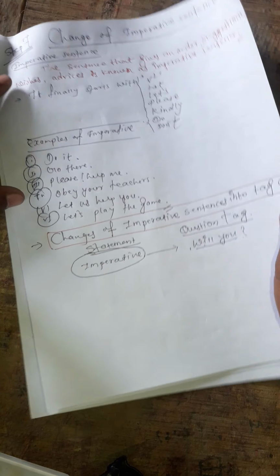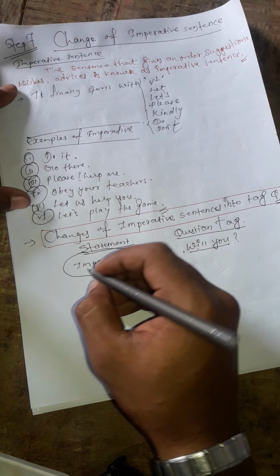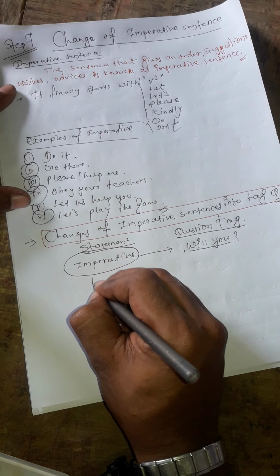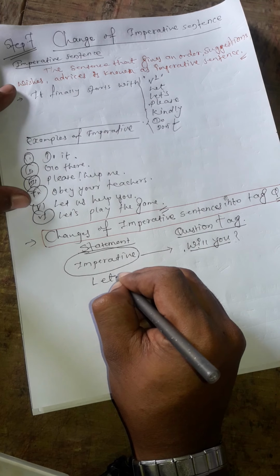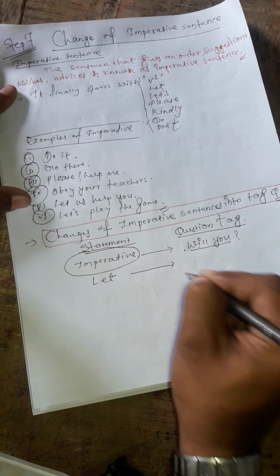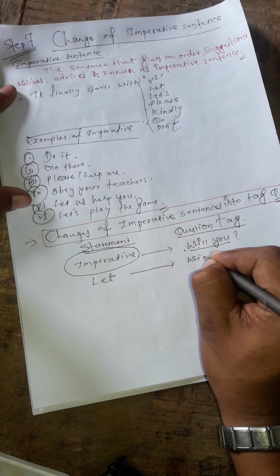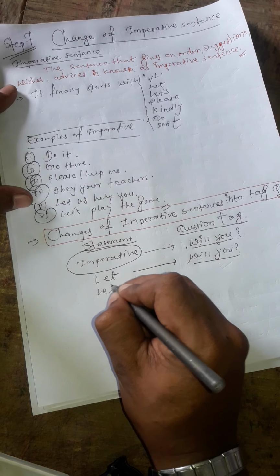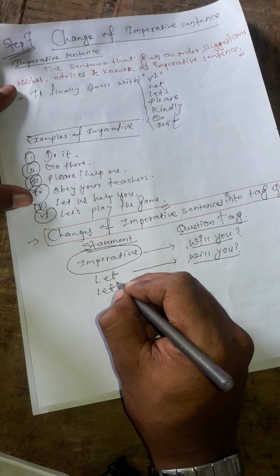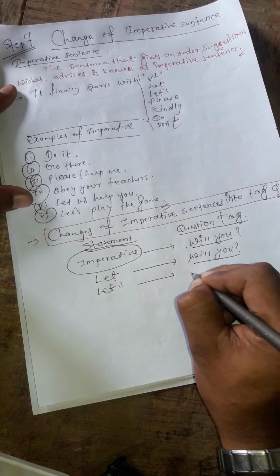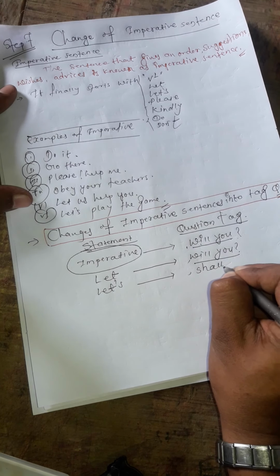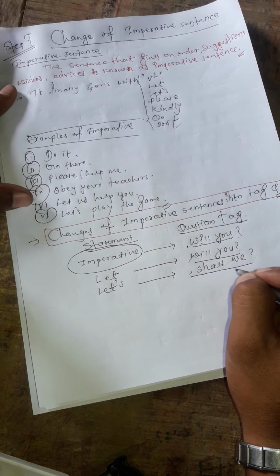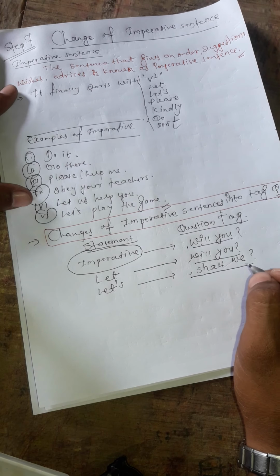It doesn't matter what the subject is. But if the statement started with let, then also use will you. But if the statement started with let's, then you have to write shall we, not you, just w and e.